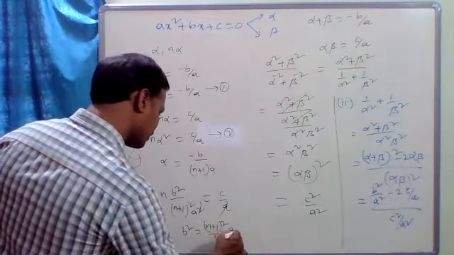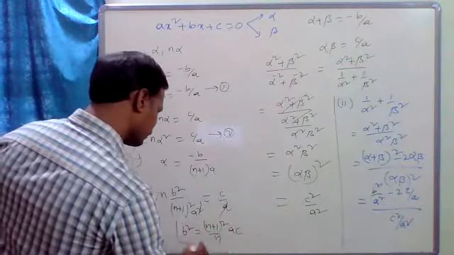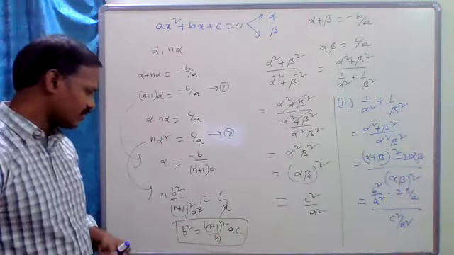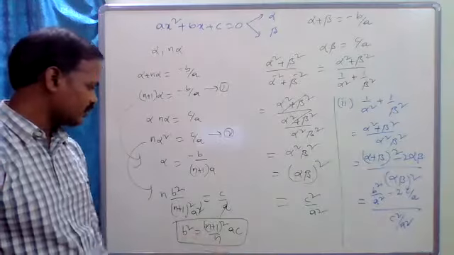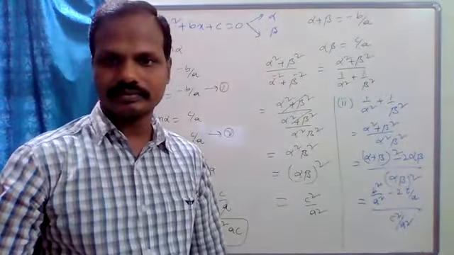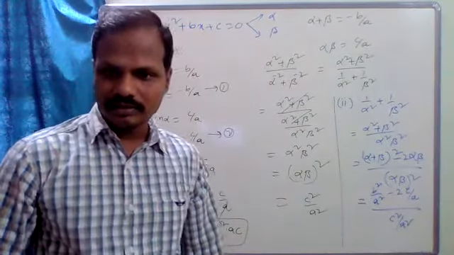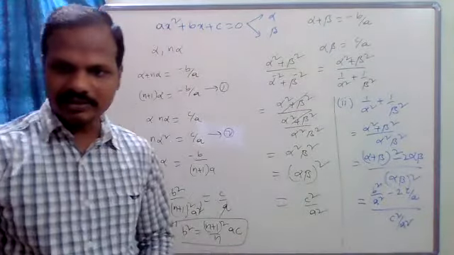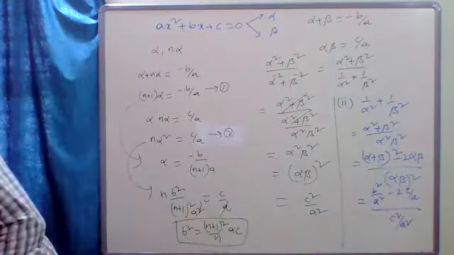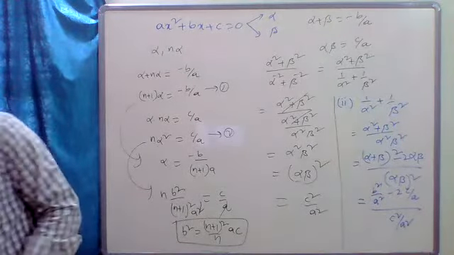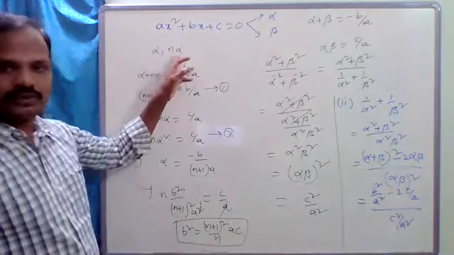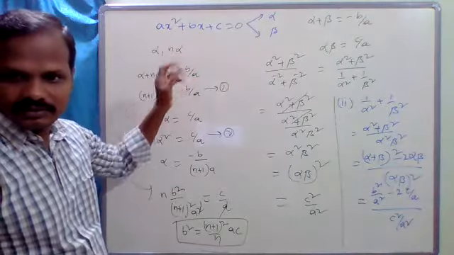Okay. AC. That's all. B square equal to (n plus 1) whole square by n into AC. Okay, Mamata, is it clear? N times, so alpha and n alpha are the roots.